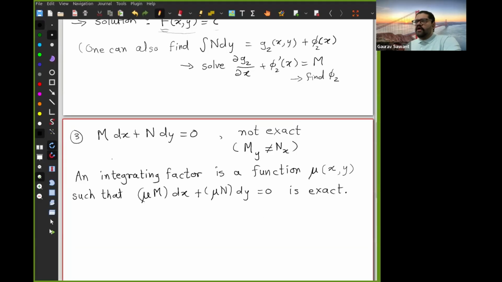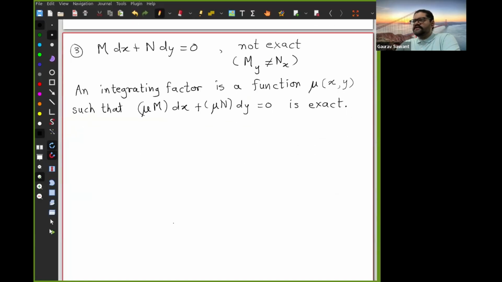So depending on the form of M and N, there are several different approaches to finding this integrating factor. Well, if this expression has to be exact, then the first thing that we must have is the cross partial derivatives are equal.